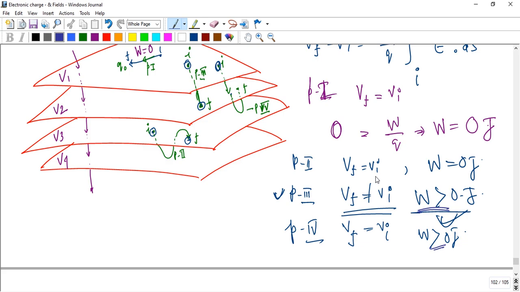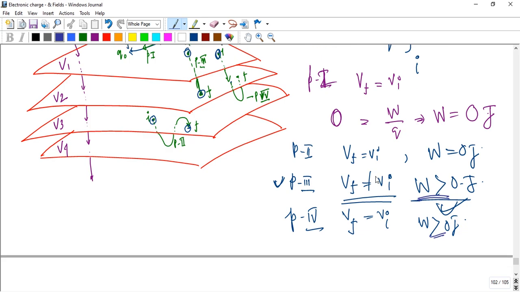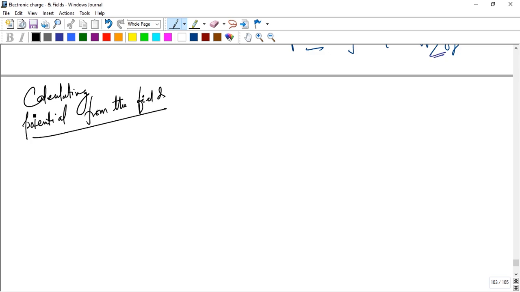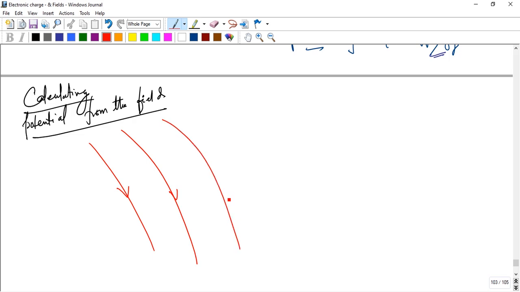Okay. Now calculating potential from the field. This line represents the electric field. These are not actually potential surfaces. That line is the electric field.